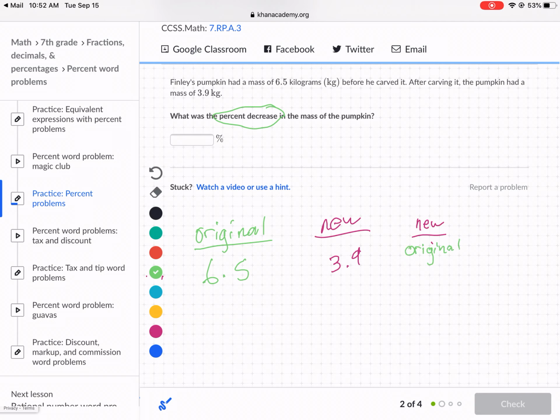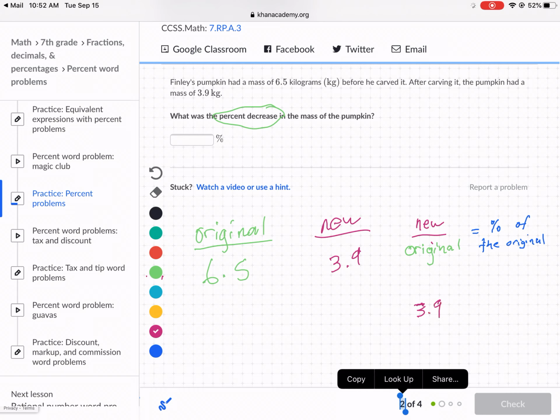What will this tell us? This will tell us the percent of the original. What is the new's percent of the original? So we're going to take 3.9, that's the part we're looking for. This is the new part.